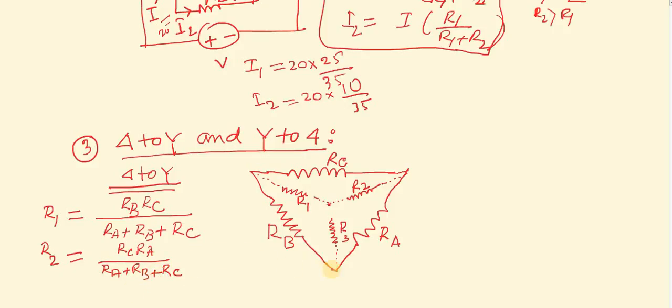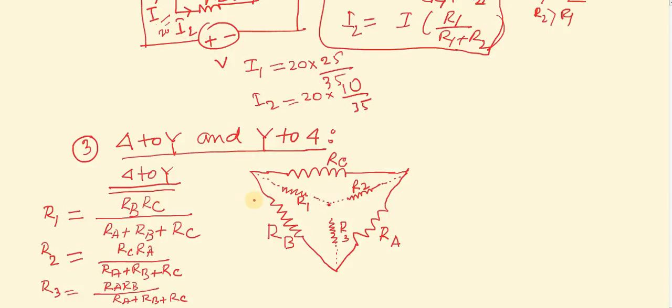Okay, and likewise for R3, the multiplication of these two will be in the top position. So R3 is equal to Ra Rb divided by Ra plus Rb plus Rc. So this is our delta to star or Y conversion formula.